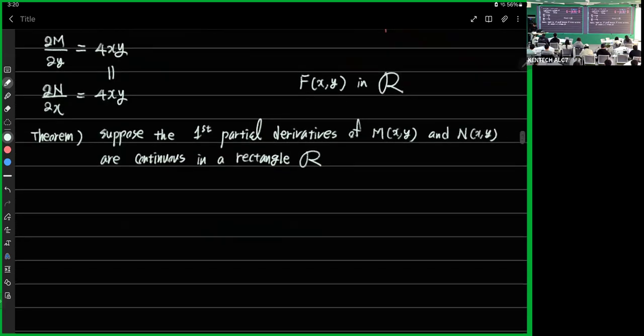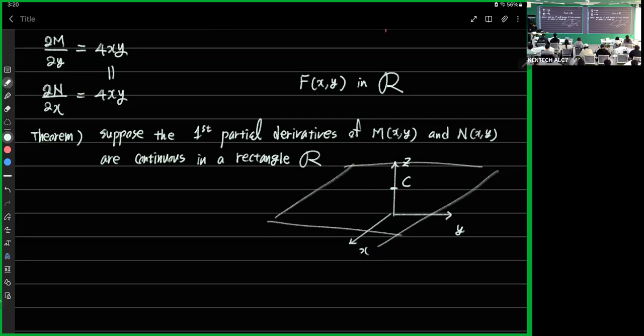Let me visualize. So x, y, z, like this. Here's X, this is Y, and this is Z. Let's say here's a C. I don't know what C is, because we're talking about the limit for f(x,y) equals c. So maybe here's a plane right there, an infinite plane, and then the domain is maybe right here, for example.